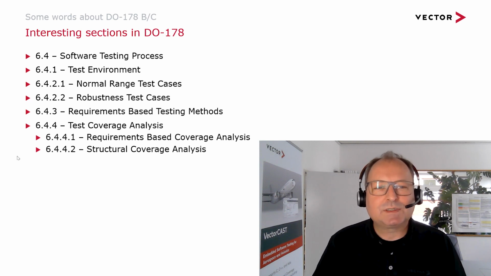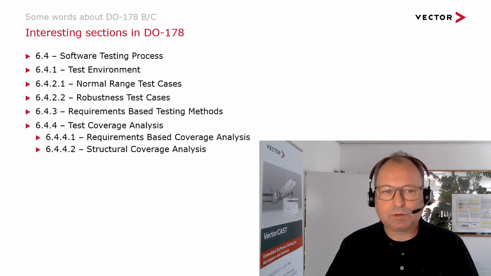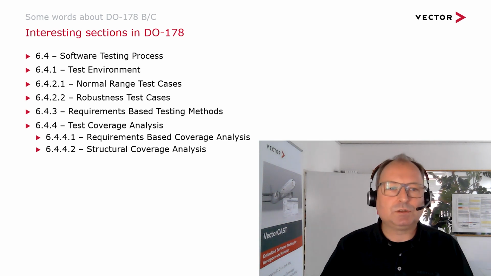And also there's something important about coverage. We do have to have structural coverage or code coverage, and we do have to have requirements coverage. That means we should have test cases for all of our functional requirements.